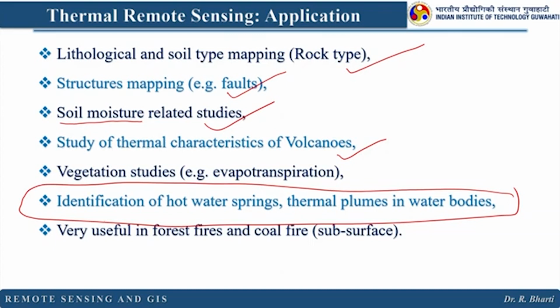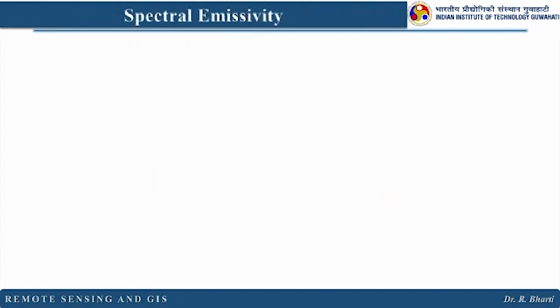And one more thing which is not listed here, that is identification of paleo channels. Paleo channels are hidden river channels which were active once upon a time. Now they are inactive and covered with sand or maybe soil. So that you can easily find out using this thermal remote sensing data, right.